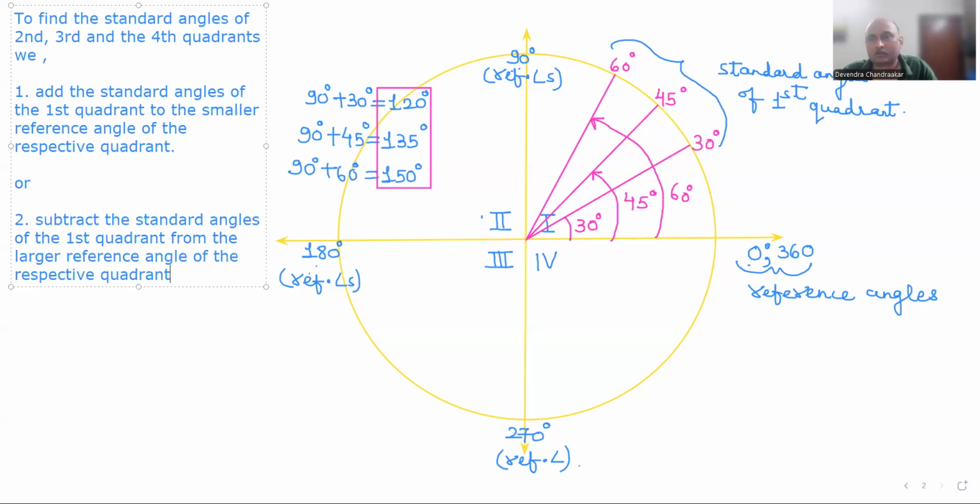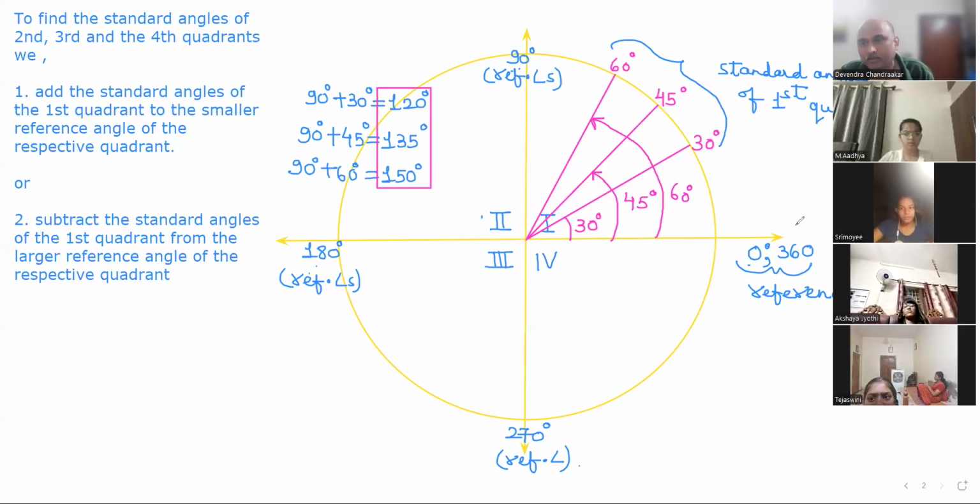For example, I'll pick one of you. Srimohi, can you participate? If I ask you to use the second rule for the second quadrant, what will you do? Which one of 90 and 180 is the larger reference angle? 180.